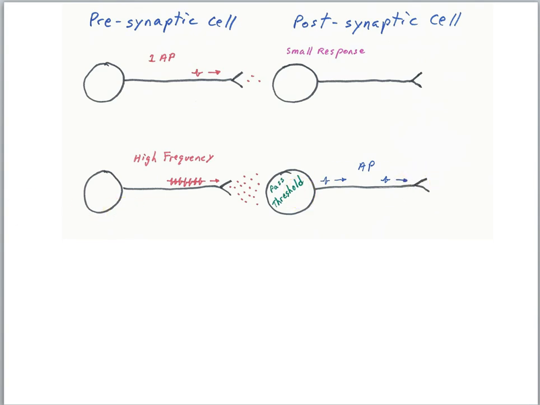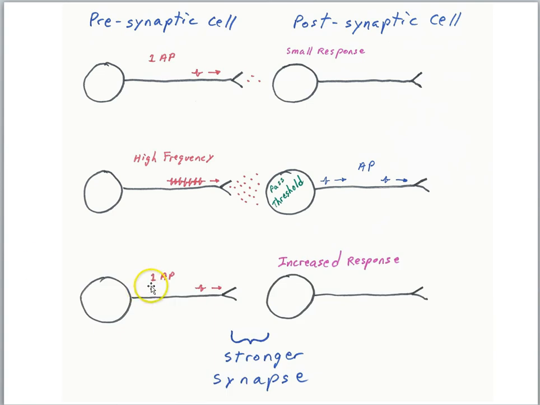If then, a moment later, you go back and just deliver one test pulse, one action potential down that same neural pathway, what they found was an increased response in the target cell compared to the original. Right? So it's as if this high frequency stimulation of this pathway that generated activity in the target cell somehow increased the strength of the synapse.